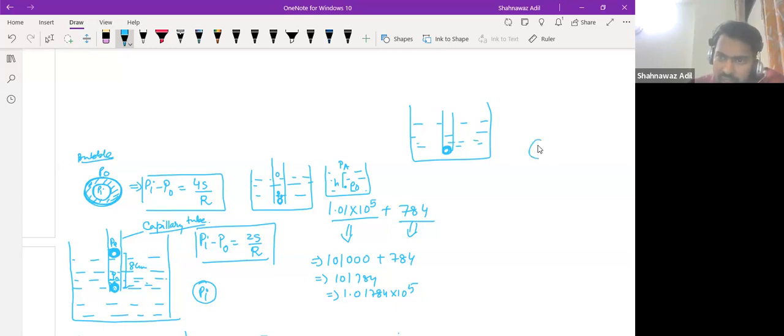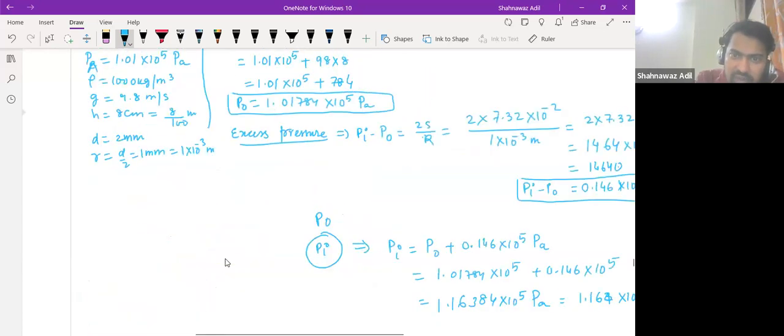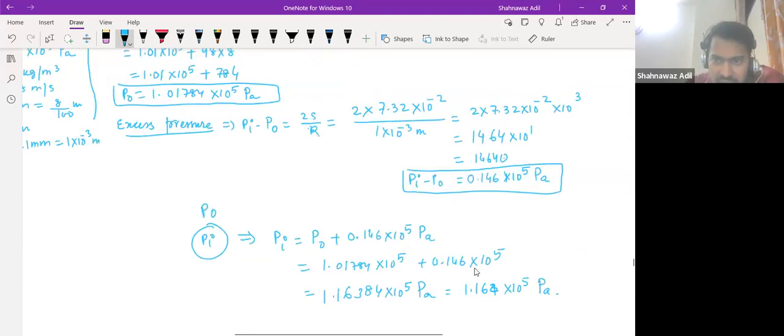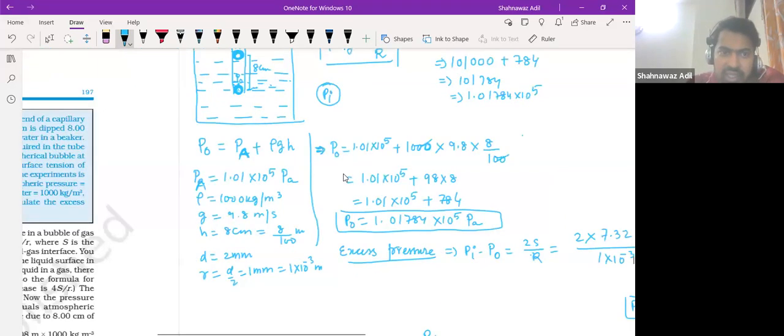One was inside, the other part was outside. So we calculated this outside pressure due to this variation of depth. And then from this PO, we calculated this excess pressure. And then from excess pressure, we calculated this pressure inside of the bubble. So you guys can see that there is some difference in pressures. Is this question clear, guys?